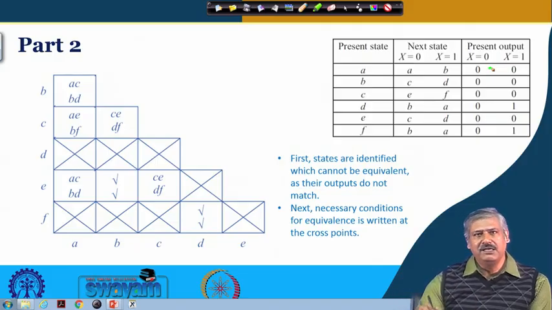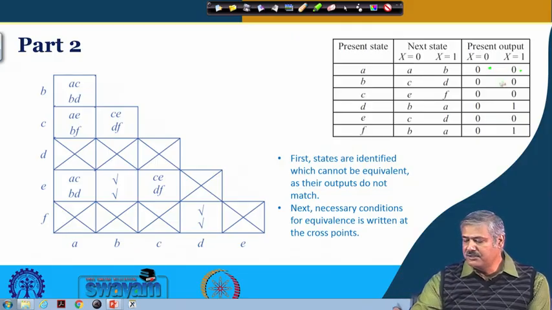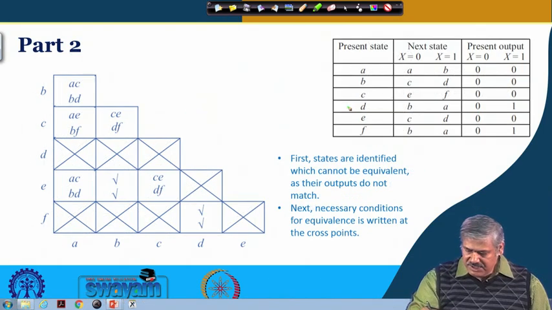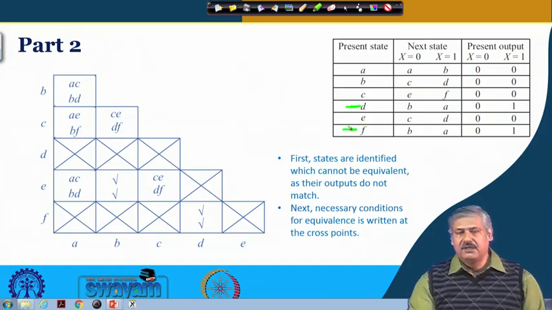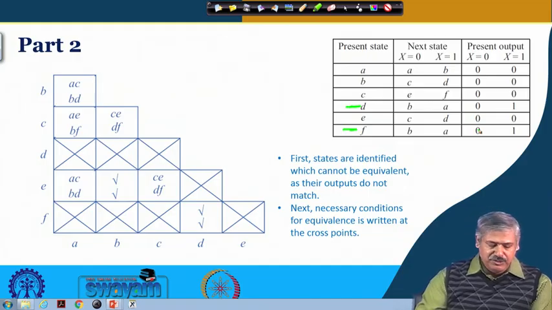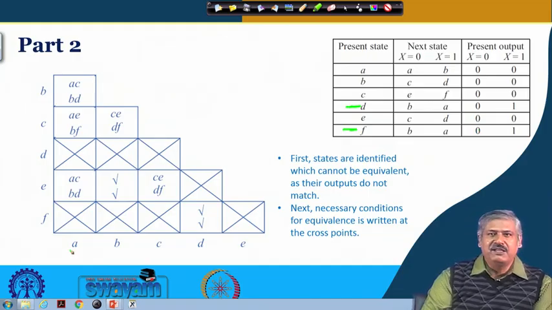First we are looking at the outputs. So 0, 0, 0, 0, 0, 0, 0, 1, 0, 0, 0, 1. So D and F have output 0, 1 and the rest of the cases are 0, 0. So for D and A, where they are meeting, this is the cross point. Since the outputs are different, they cannot be equivalent.